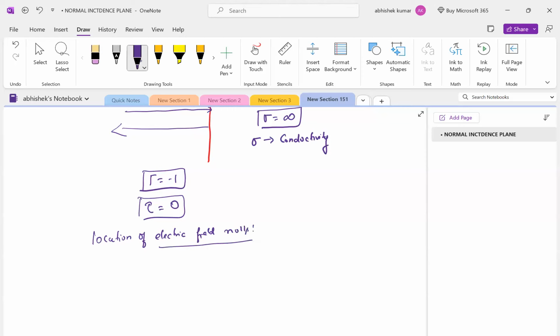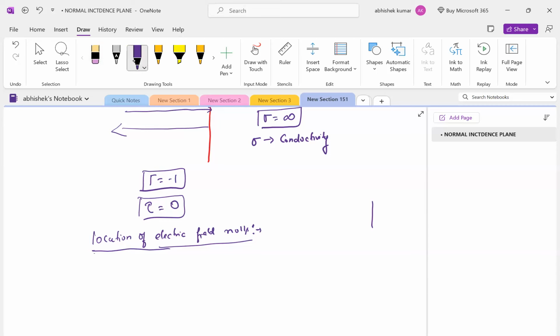If I'm telling you the location of electric field nulls, it means that suppose we have an electric field. What is that line before the L? This is just notation. It's nulls, NULLS.